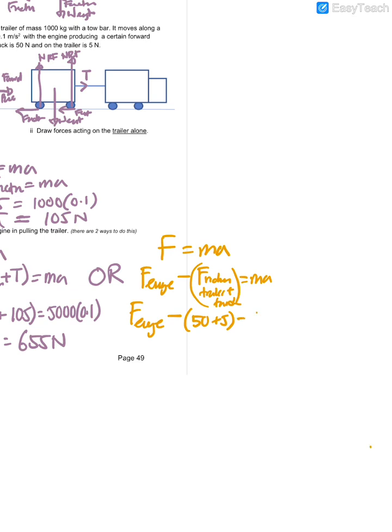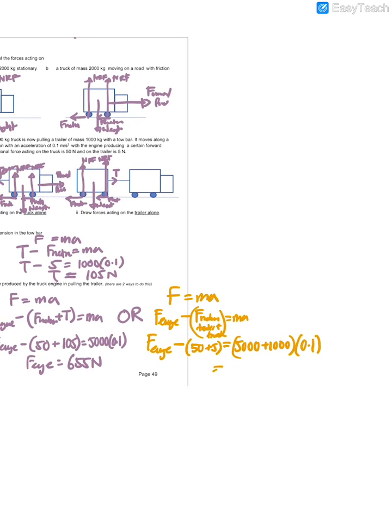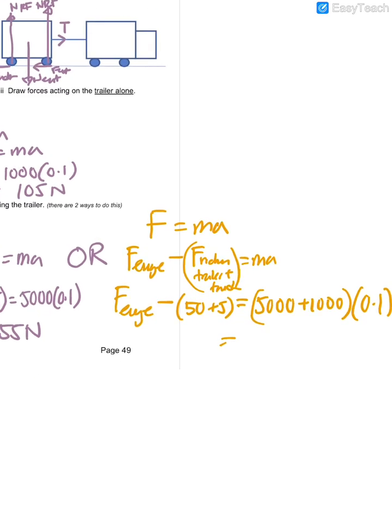So here is substitution. The mistake will come if you forget one of them, the trailer or the truck. Both ways are possible. So from here, work everything out. You will get 655 newtons.